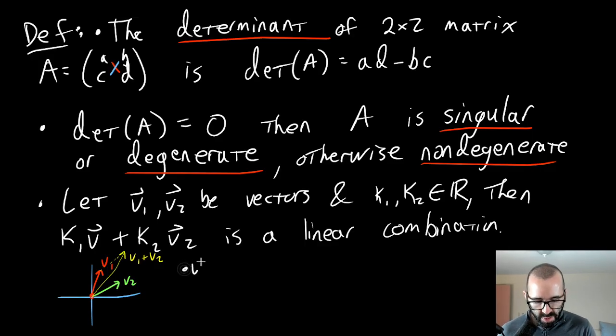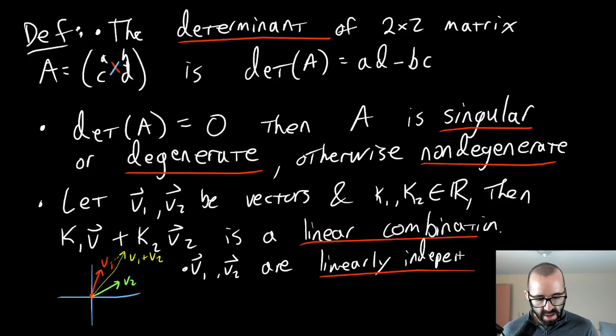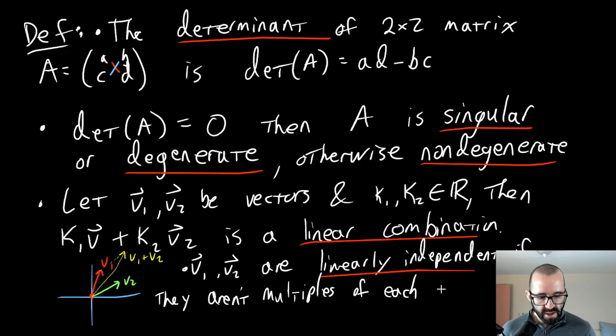Okay, so the last one is that v1 and v2 are linearly independent. What does that mean? They aren't multiples of each other. If they're multiples of each other, then we have very silly linear combinations. If v1 is just double v2, we have very boring linear combinations.